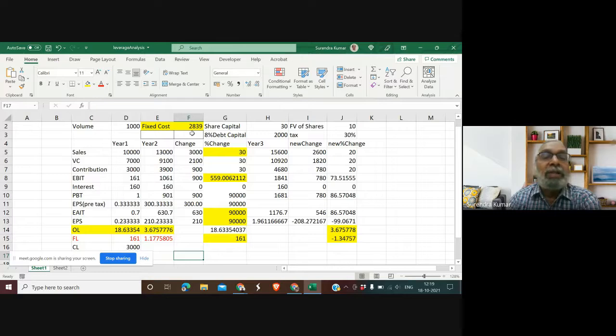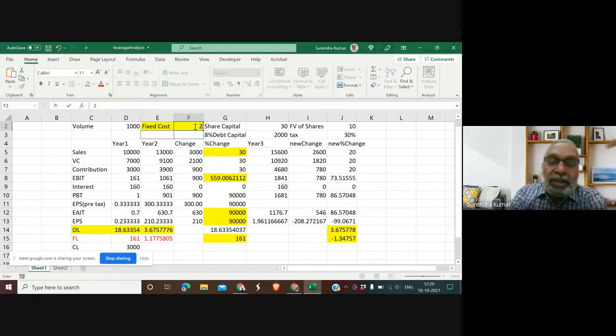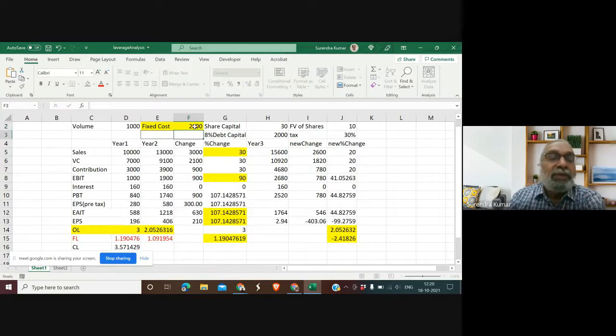And then there is a fixed cost given, which is some odd figure, because I was just manipulating the Excel sheet to look at its impact. But we can change it, right? As we change it, its effect we can see here. Like right now, we have changed it to 2000 as the fixed cost. So after the fixed cost, we are getting earnings before interest and tax.